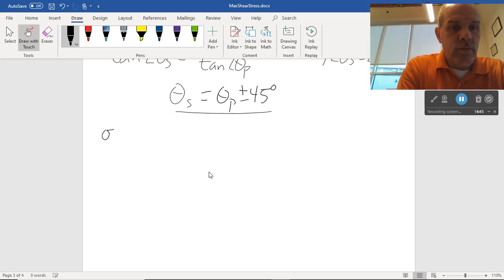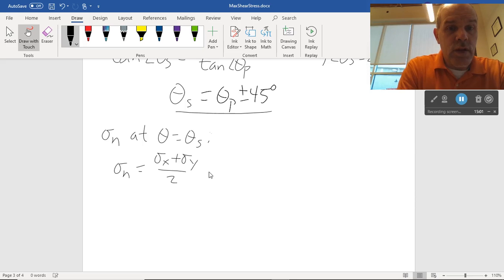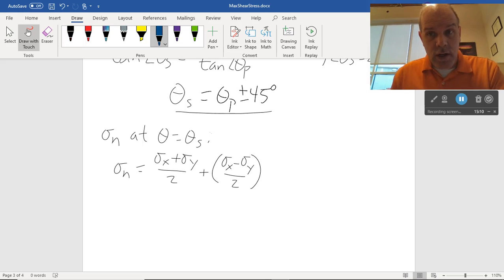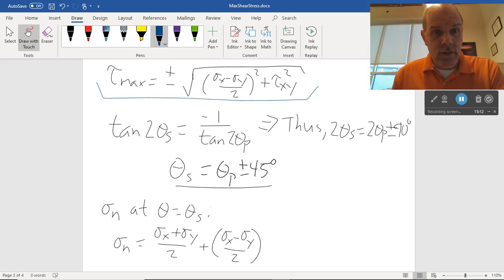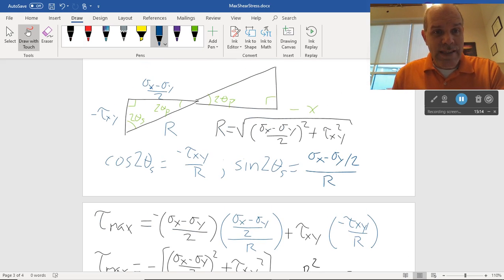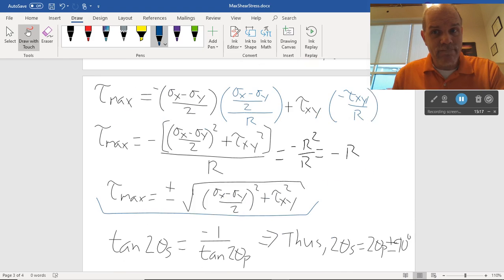So, sigma n at theta equals theta s, right? What I'm going to get, sigma n is equal to sigma x plus sigma y over 2, plus the quantity sigma x minus sigma y over 2 times cosine of 2 theta s. The cosine was negative tau xy divided by r, right?